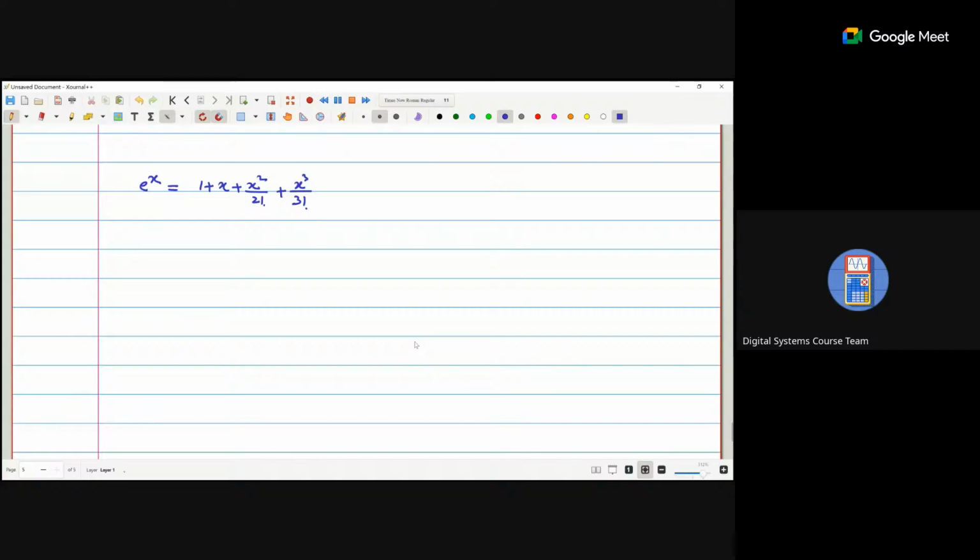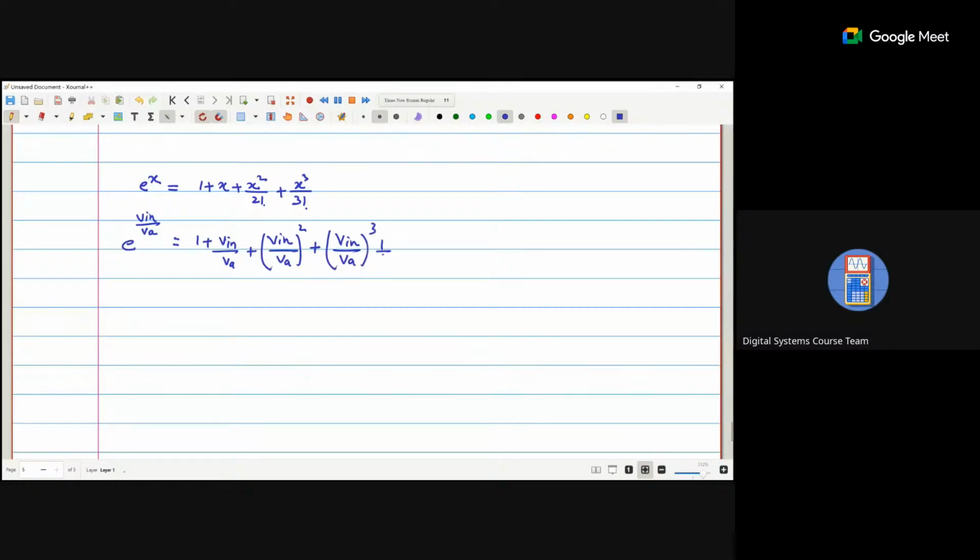Okay. Now here it is given e raised to power, in the place of x, it is given as v in upon va. So it is 1 plus v in upon va plus v in upon va whole square plus v in upon va whole cube.